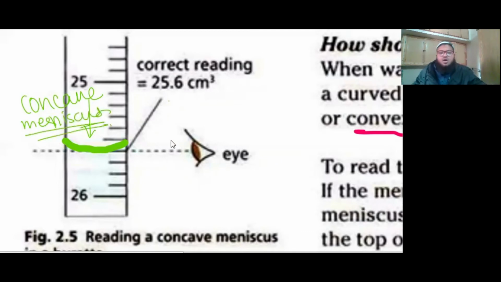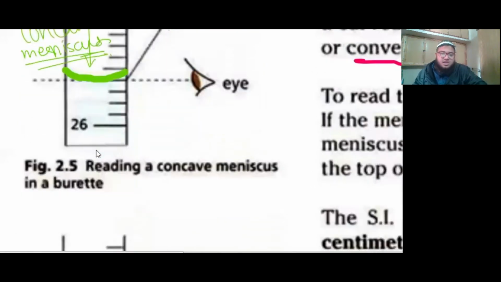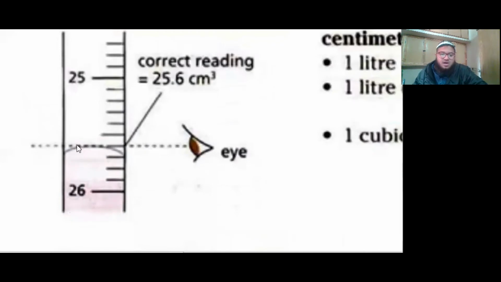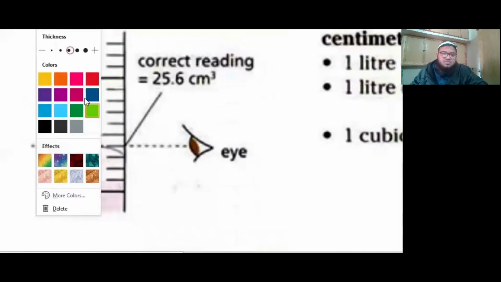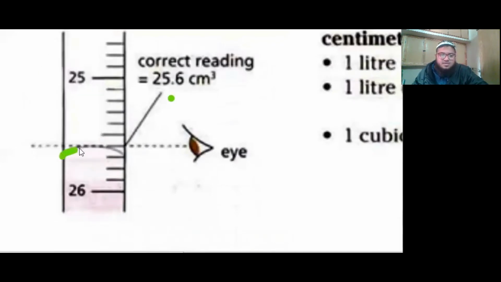This could have been the other way around as well. If the meniscus was not a depression but rather went upwards, a bump-like structure, then this is how it would have looked. This is a bump-like meniscus, and it's not concave.